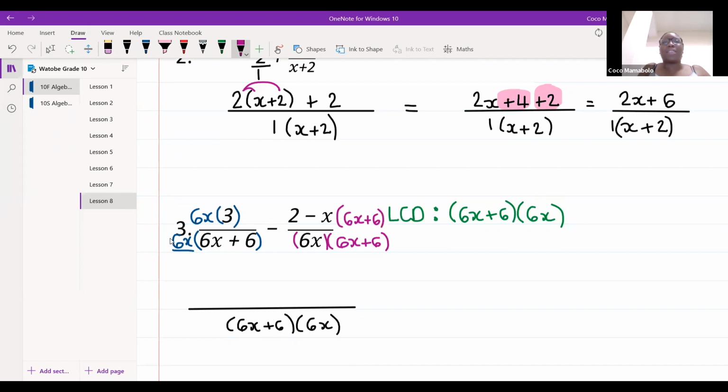Do not forget, guys, that this whole thing is also being multiplied by a negative. Now, I'm going to write it out over here, and I want you guys to finish it off for me. I'm going to get 6x multiplied by 3 minus 2x minus 1 multiplied by 6x plus 6.